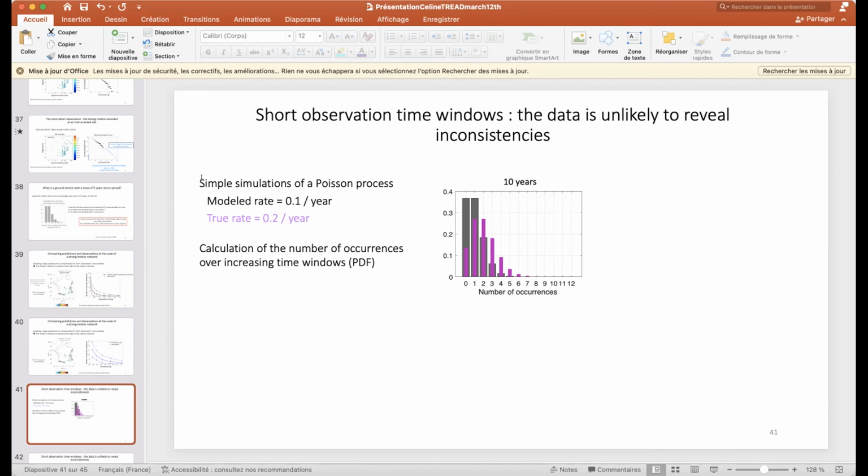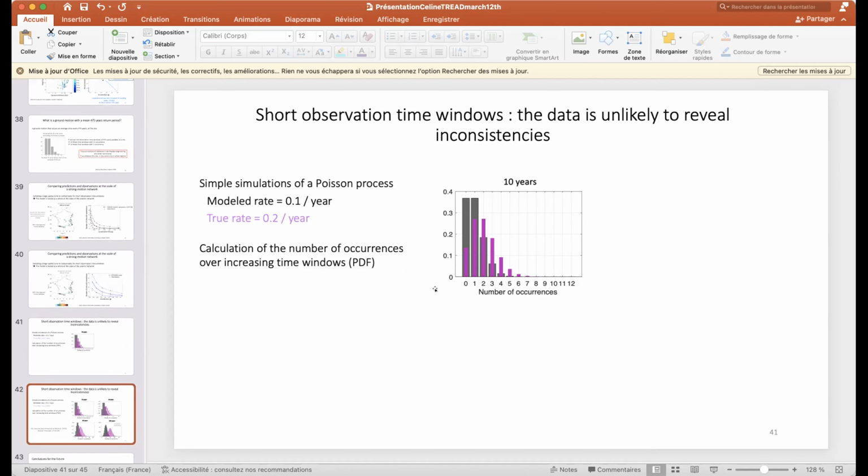If you use basic Poisson simulations, you get the distribution for the number of occurrences on a time window of 10 years here. You can obtain what would be the model distribution and the true distribution. And you can see that with only 10 years, they both overlap. So it's very unlikely that an observation over a 10-year period can reveal an inconsistency with the model.